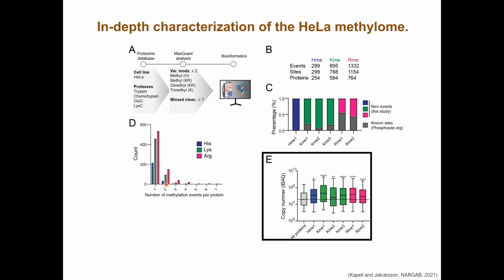We then looked into the abundance of methylated proteins, and here we found that all flavors of methylation occurred on proteins that were more abundant than the average protein. And this could have two alternative explanations. First of all, analysis of single peptides by mass spectrometry is related to an abundance bias.